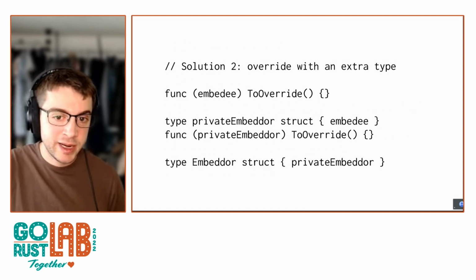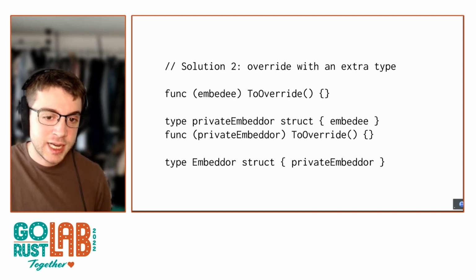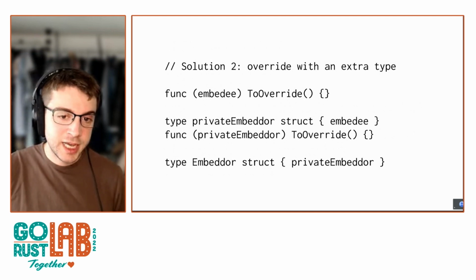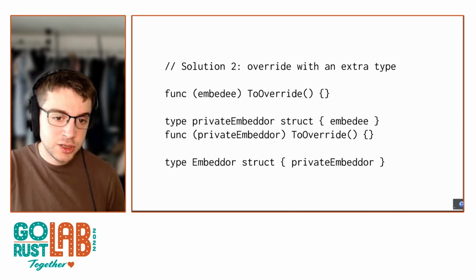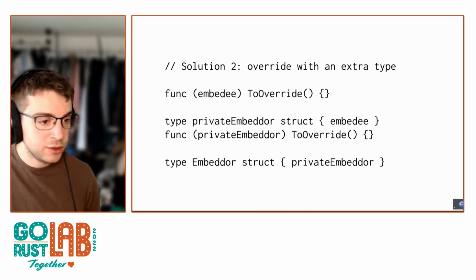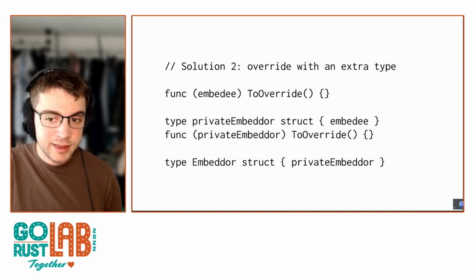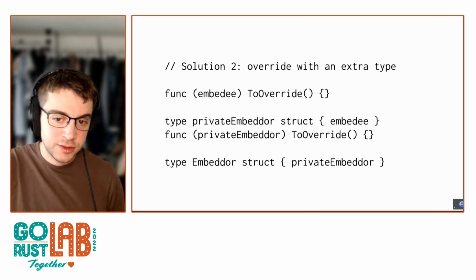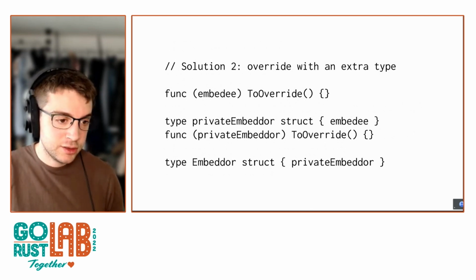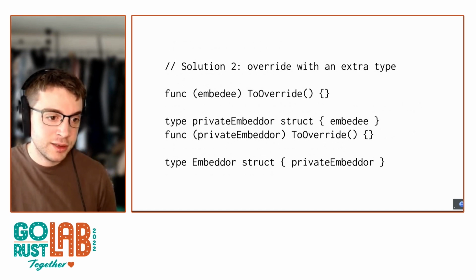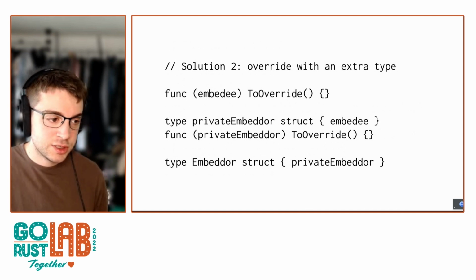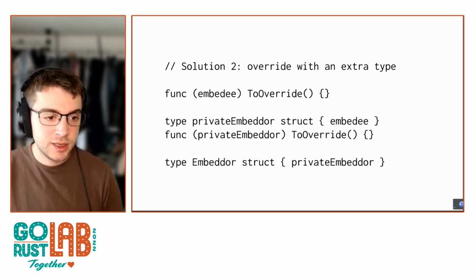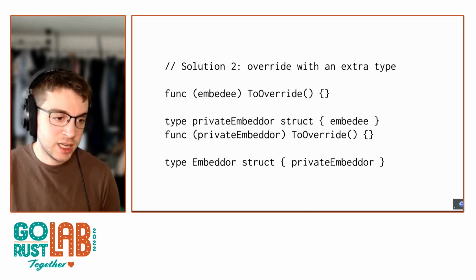And this one does the embedding and the overriding. And then your exposed type embeds the private embedder. And this works because if somebody does type new embedder, like we said before, they get the underlying type of struct embedding private embedder. And private embedder is still there in this case. So private embedder still overrides the method. So in this case, because our exposed type doesn't have any methods directly on itself, this foot gun is removed for any API users.